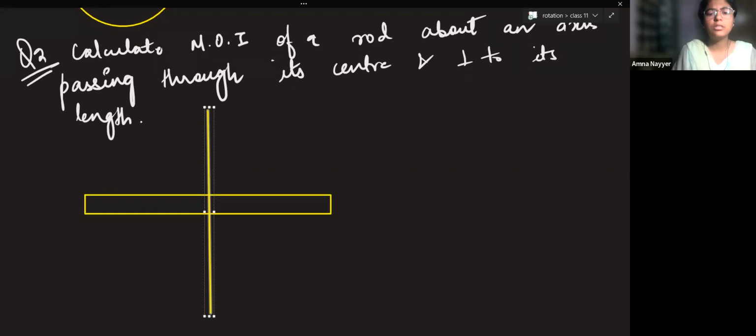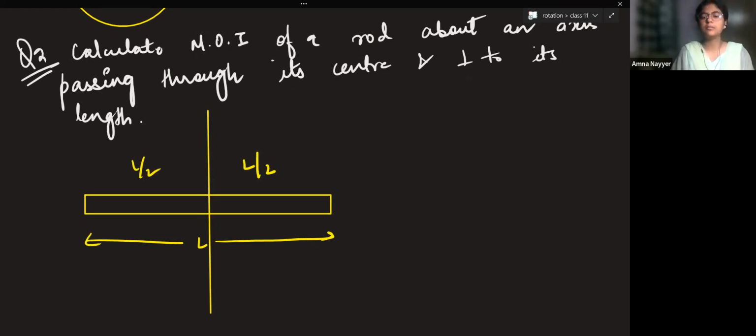So let's say L was the entire length of this rod. Once divided, this becomes L by 2 and this becomes L by 2. And mass of the rod, I'm assuming it as M. This is the axis of rotation. So it will rotate like this, at this axis of rotation.